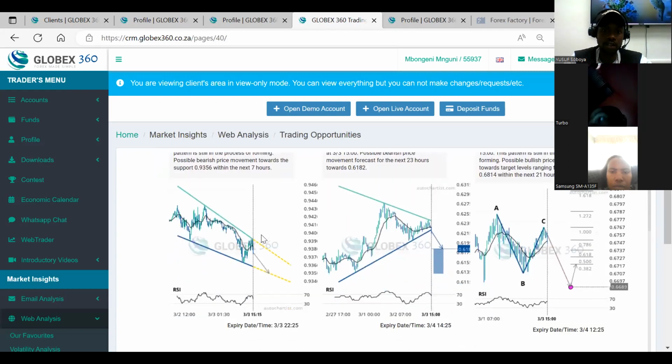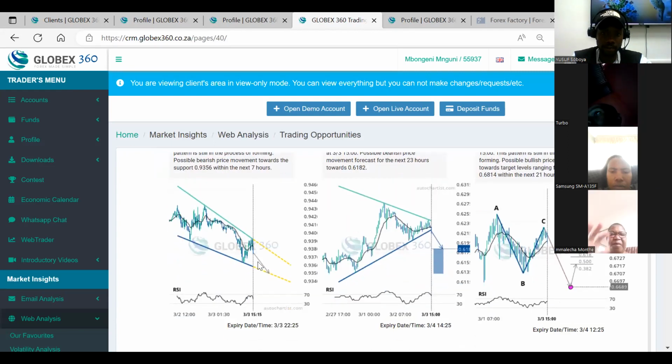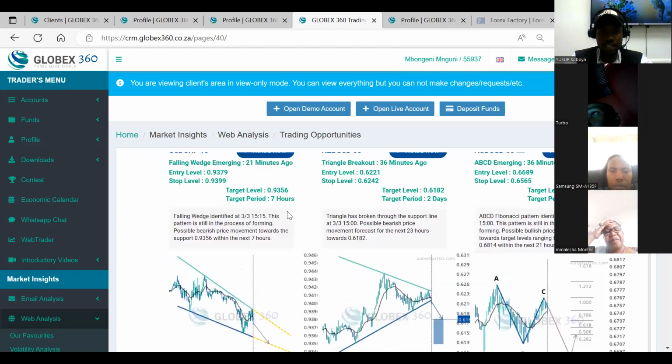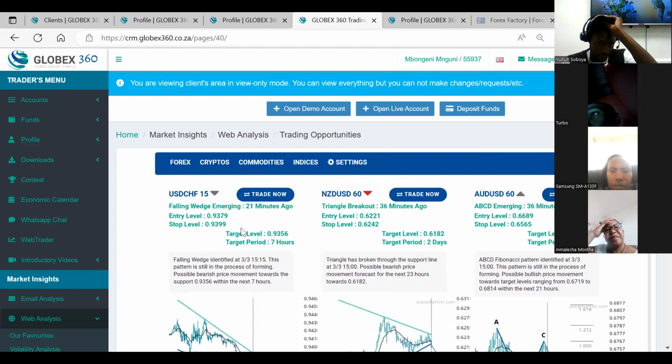So if you go down, it will show you, in fact, where the market is going. So let's say, for example, we want to trade USD CHF. What are we going to do? If you guys have the platform right in front of you, go on the platform.